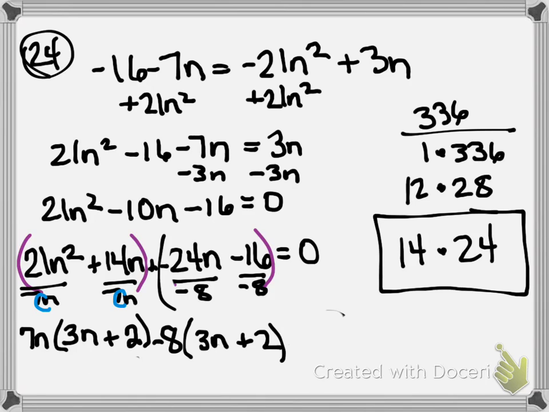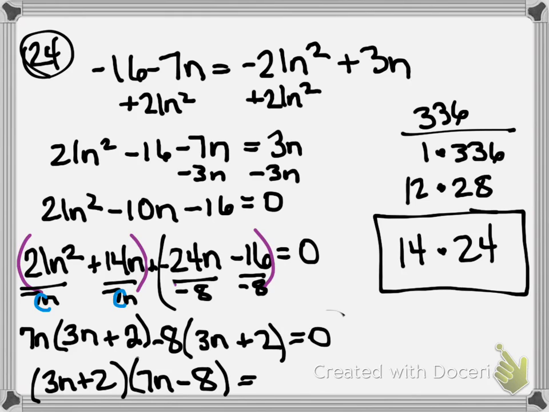Now, when you factor this common binomial out, it's 3n plus 2 times 7n minus 8, all of that equal to 0. We did all of that just to factor it. We're still not done. We're trying to find the solutions. So either the first piece equals 0 or the second piece equals 0.